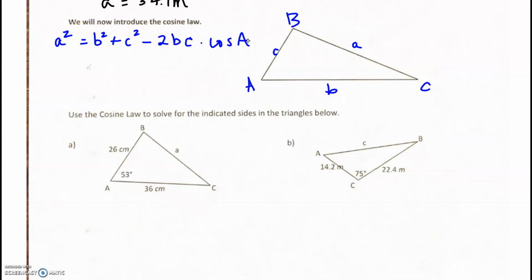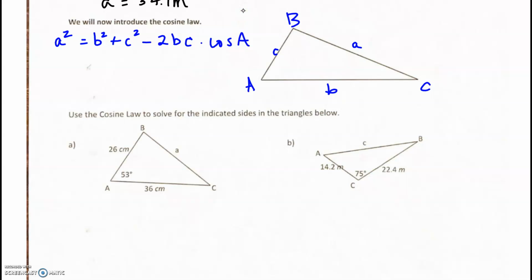I want to point out a couple things. If we're finding a squared, the other two letters, or the other two side lengths, are what make up the rest of the formula. And whatever is out front, a squared has to be the angle in the back. So that's kind of the pattern that I follow. And I can now use this formula to solve for any side length.